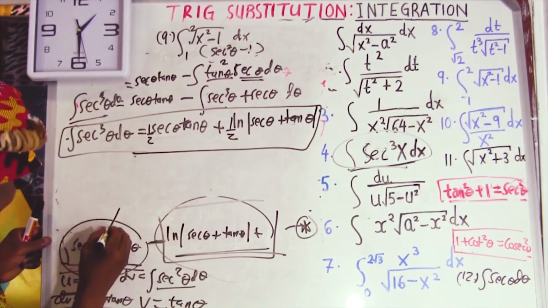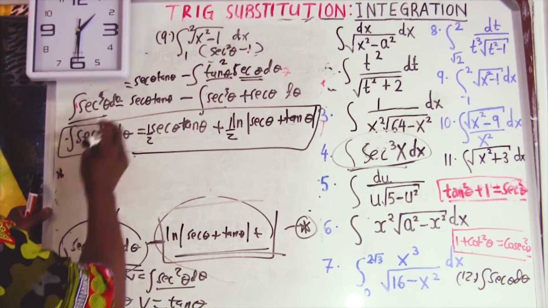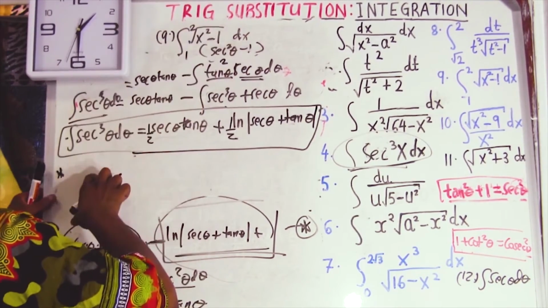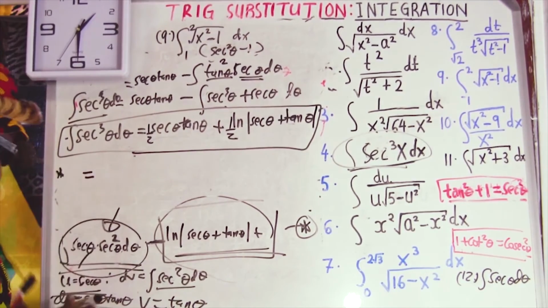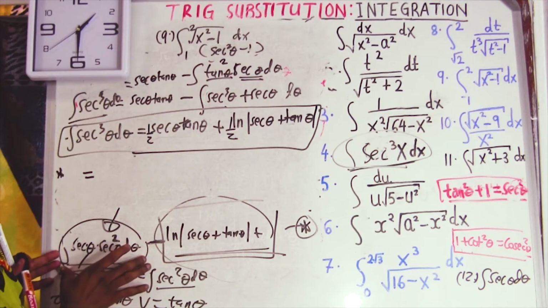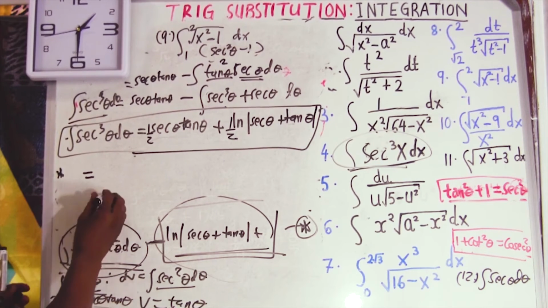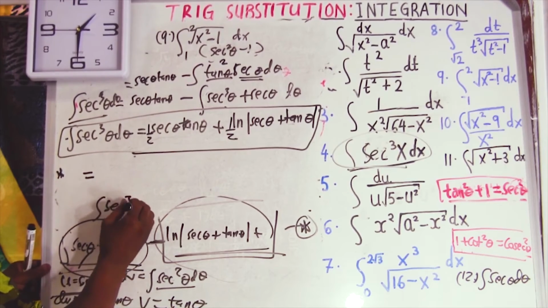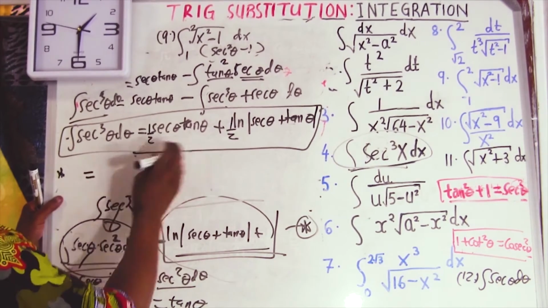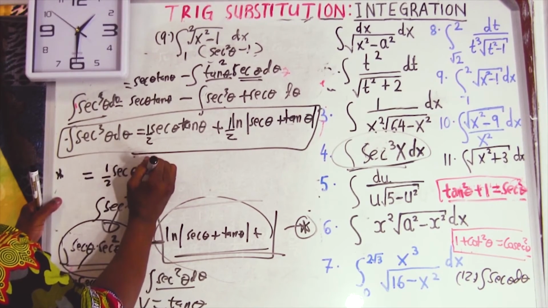So this is going to come in here and then we minus that. So finally, this stuff here is going to become equal to, let's replace this one here. So your replacement is going to be 1 over 2 sec tan.